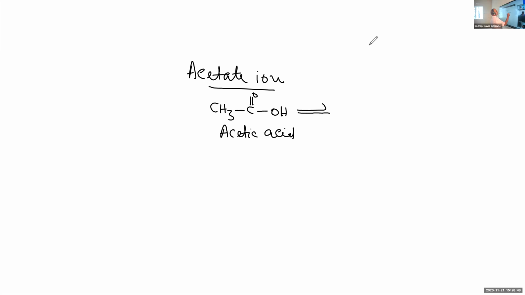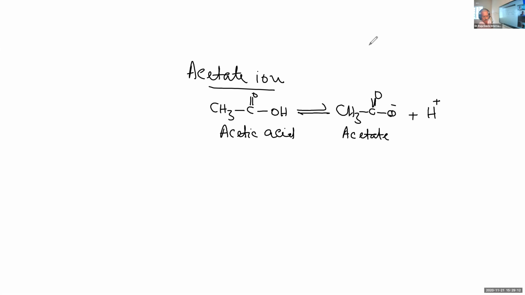When this ionizes, CH3, C double bond O, O minus, that is our acetate ion, plus H plus ion or proton, a protic acid, Bronsted acid.